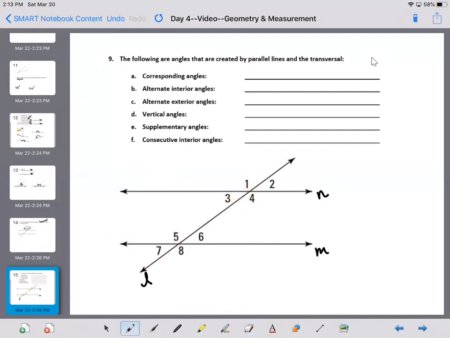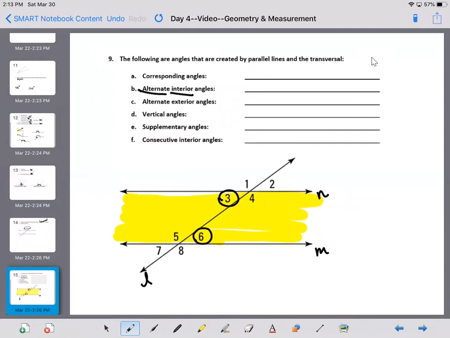Alternate interior angles. Okay, the key words, alternate and interior. When we say interior, we're thinking inside these parallel lines. And when we say alternate, one's on one side of the transversal, one's on the other side. So 3 is on one side and 6 on the other. 3 and 6 would be considered alternate interior.